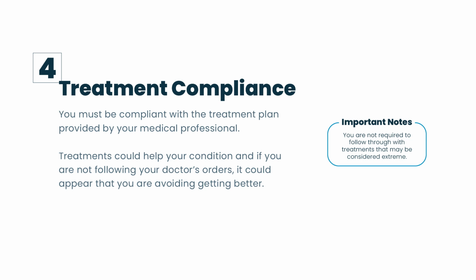If you are not complying with your doctor's recommendations, it could appear that you are not working towards getting better or trying to get better, and OPM can take this as a good reason to deny you if they don't feel like you're working towards improving your health.